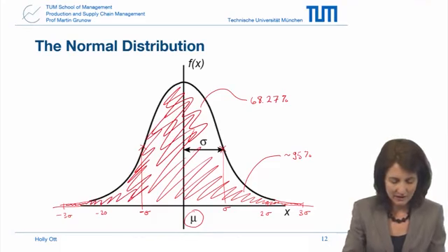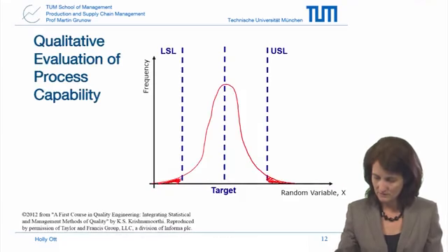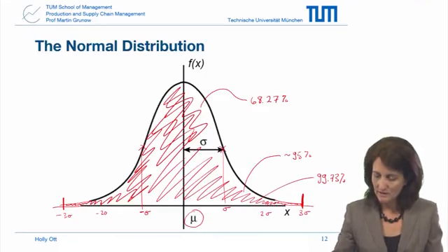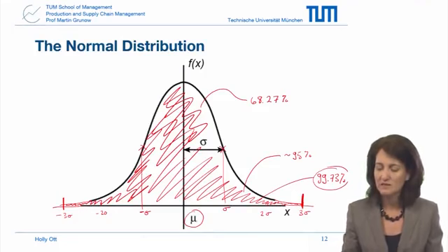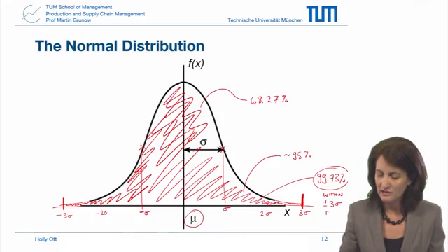This entire area up to plus or minus 3 standard deviations of the mean, we have 99.73% of all the data within plus or minus 3 standard deviations from the mean.